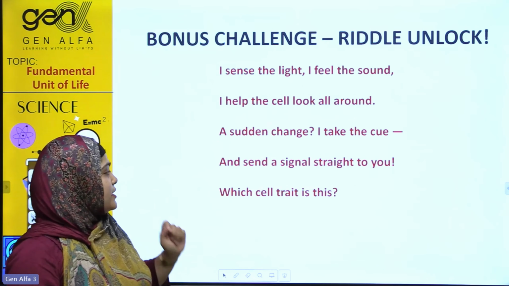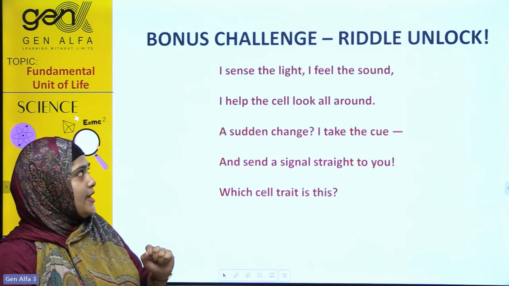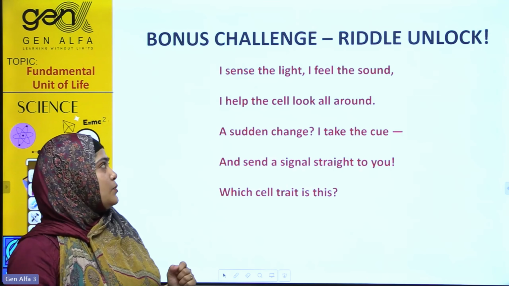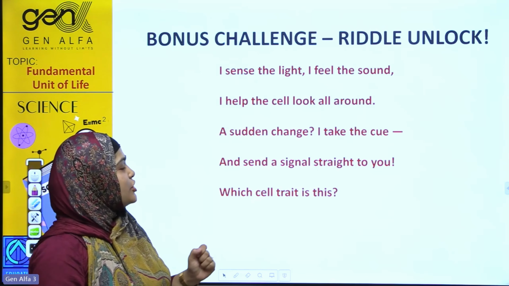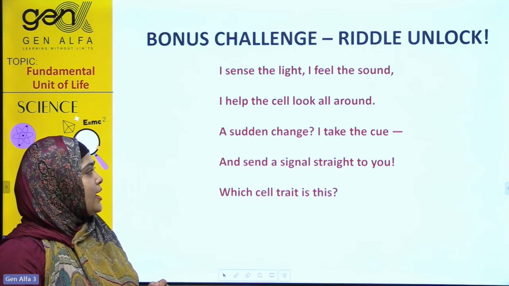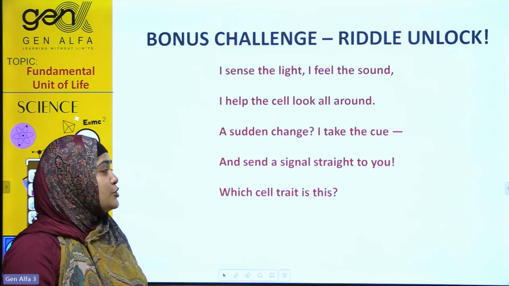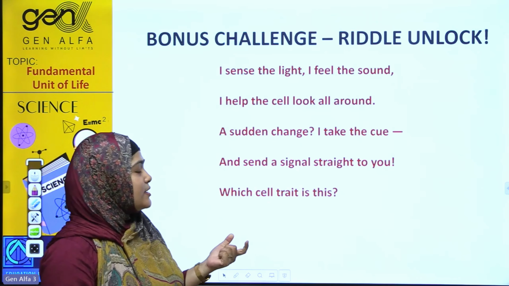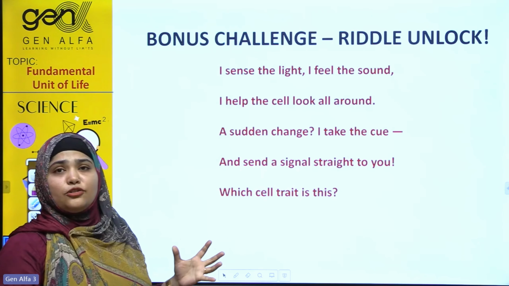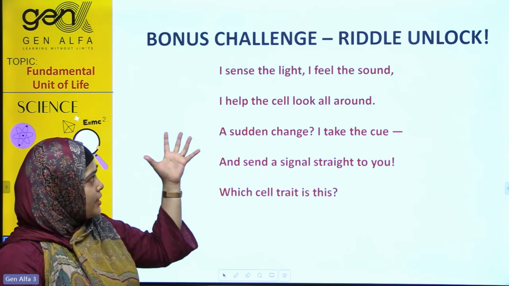Next riddle: I sense the light, I feel the sound, I help the cell look around. A sudden change, I take the cue and send a signal straight to you. Which cell trait is this? Trait means a characteristic of the cell. Tell me one of the characteristics related to this riddle.